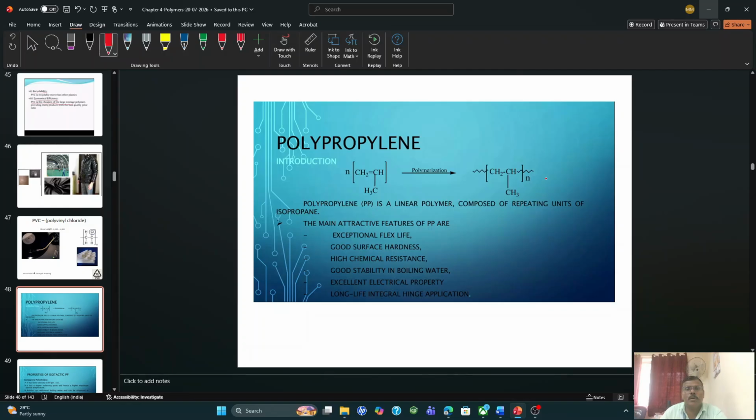Next one is polypropylene. CH2=CH-CH3, n times. Polymerization will give us polypropene. This is polypropene. It's a linear polymer.